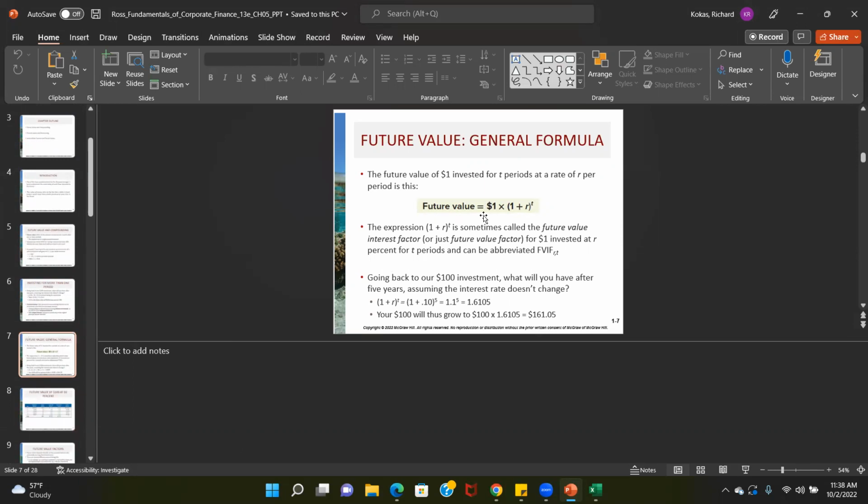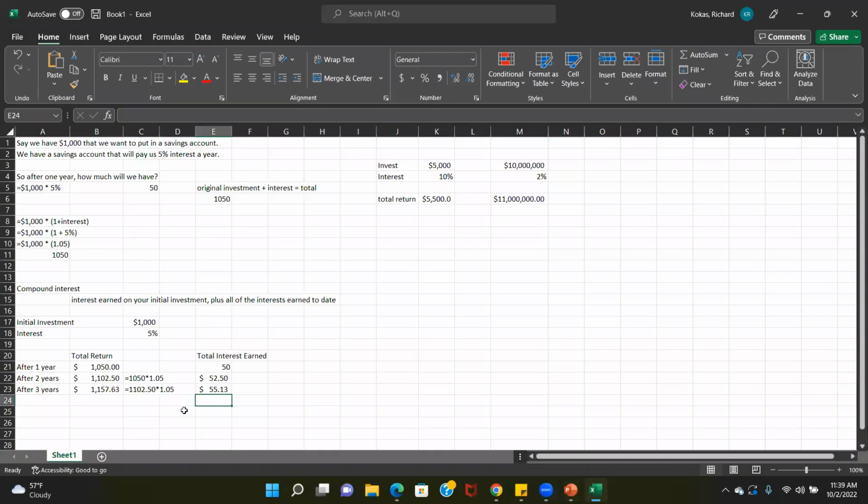And now what I will say is I wish they called the $1 something else, because really $1 is the investment, your initial investment. So I could write this formula. Let's just go here.